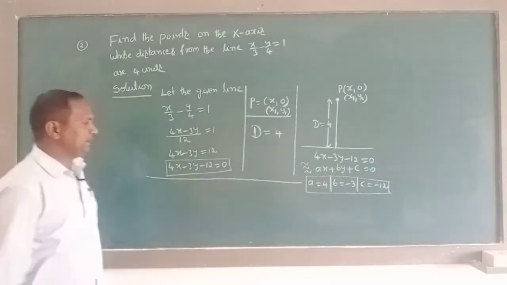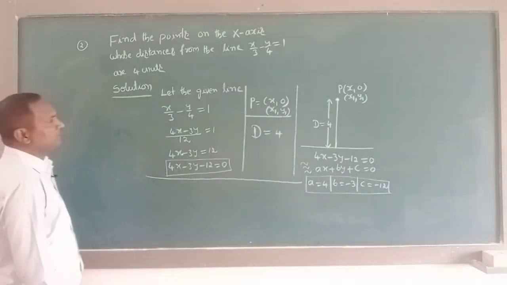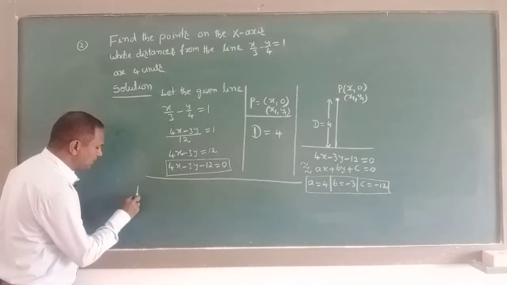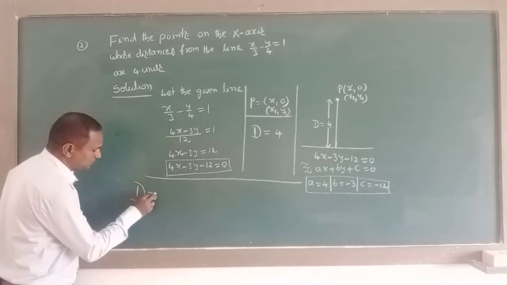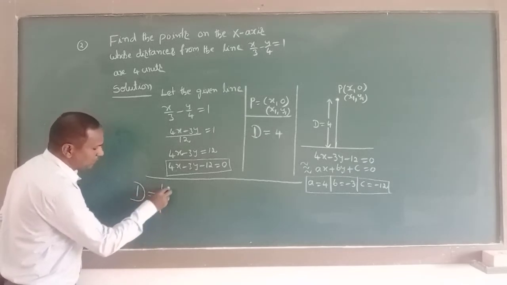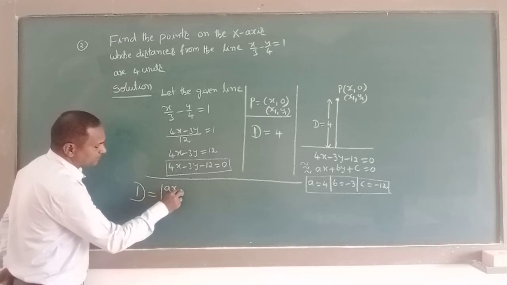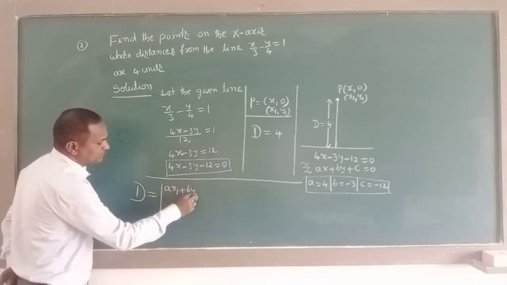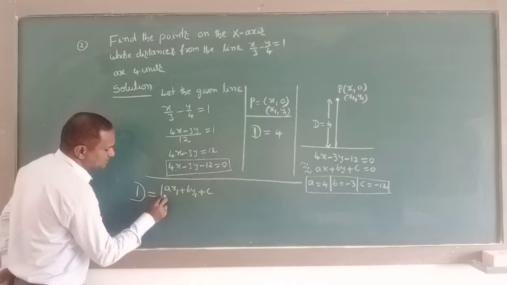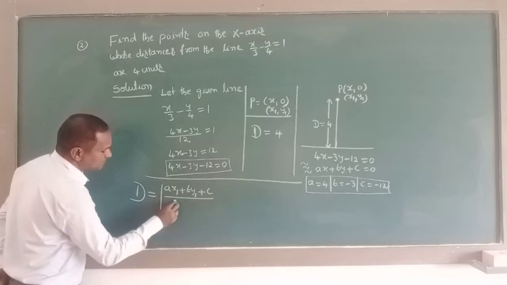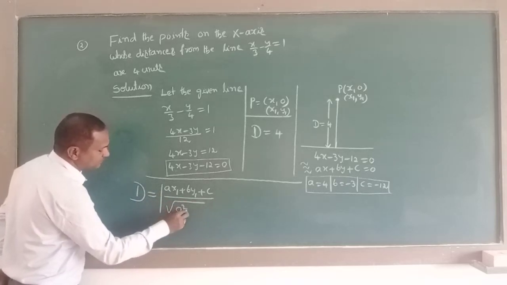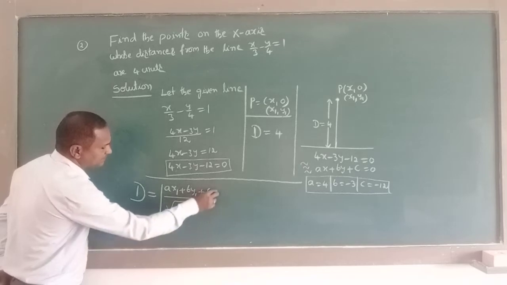Now we have to apply the length of the perpendicular formula, that is capital letter D is equal to modulus of ax1 plus by1 plus c whole divided by square root of a square plus b square.